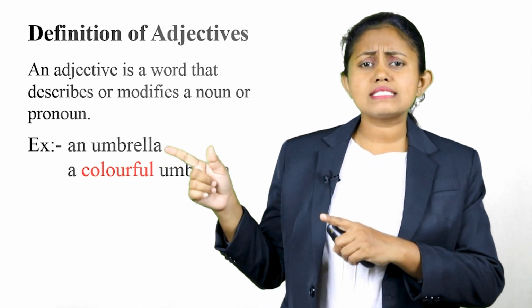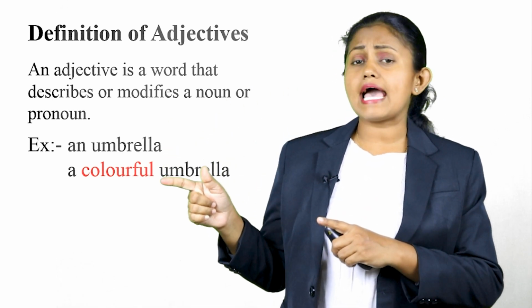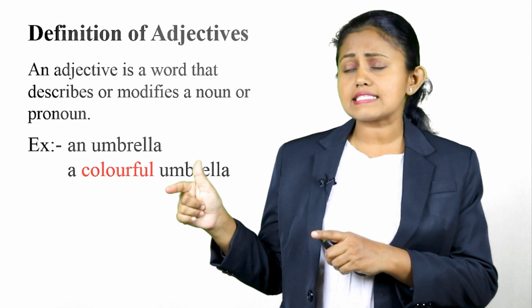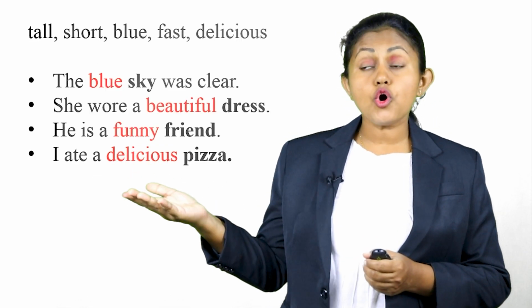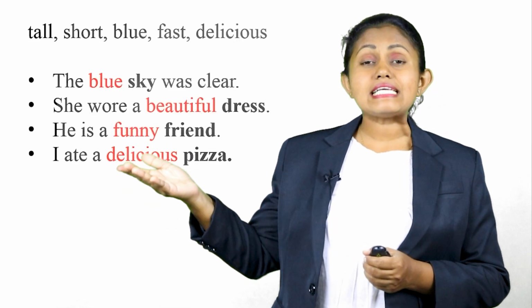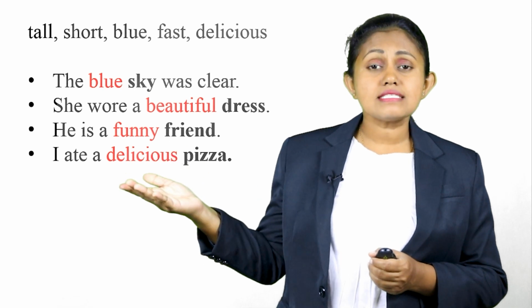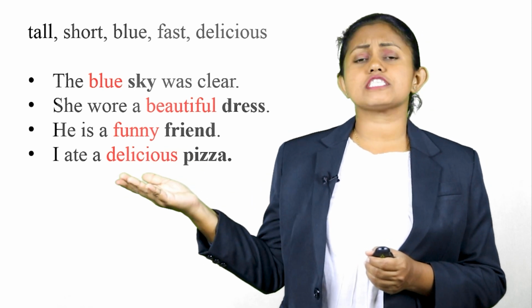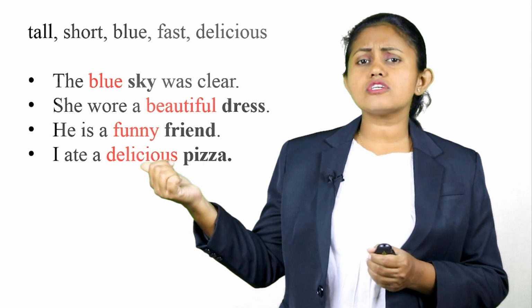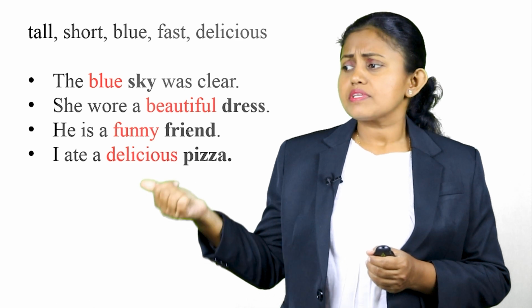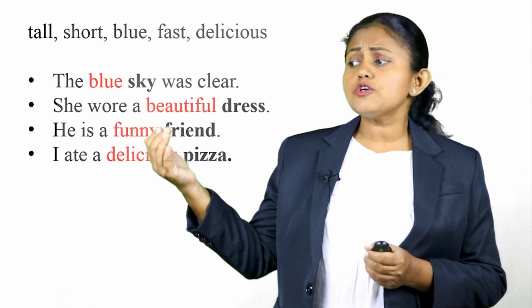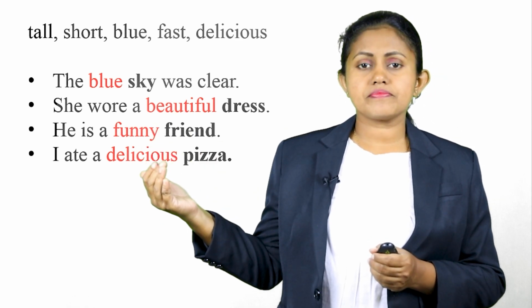Let's see more examples of adjectives and those adjectives in sentences. Tall, short, blue, delicious, nice. These are some adjectives. Let's see those adjectives in sentences. First one. The blue sky was clear.